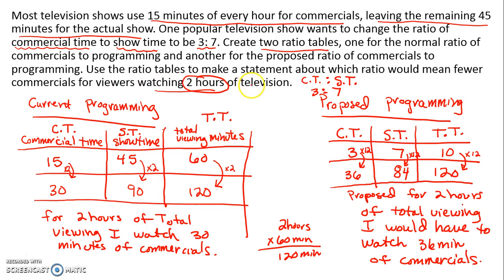Use the ratio tables to make a statement of which ratio would mean fewer commercials for viewers. Okay, so the current programming would be fewer commercials for viewers. So the current programming is only 30 minutes worth of commercials. They want to bump it up to 36 minutes of commercials. So I've really kind of run out of room here on my slide.